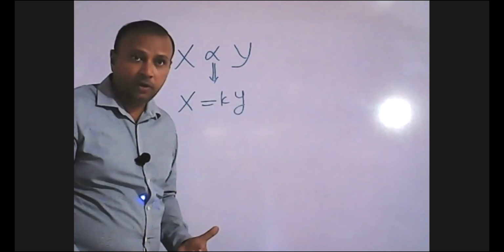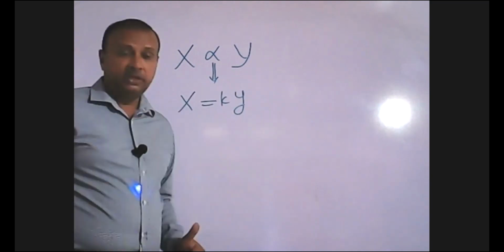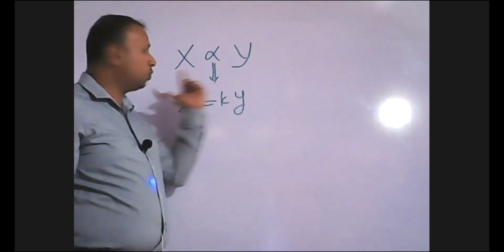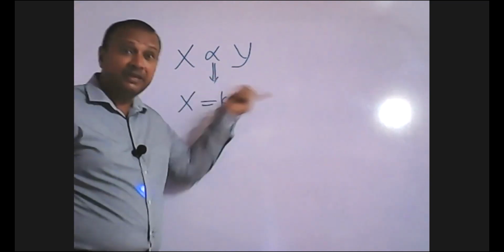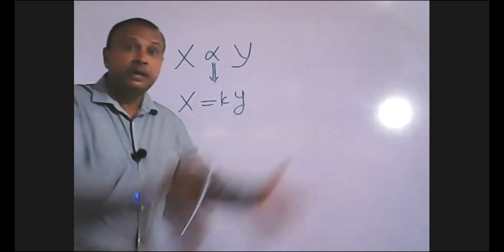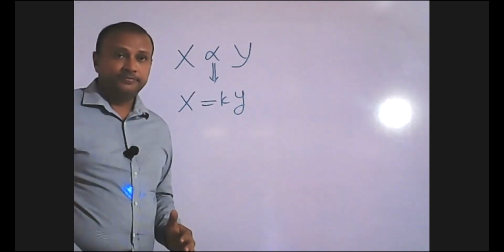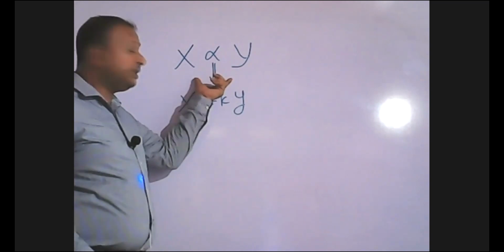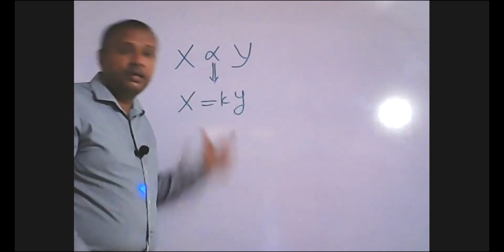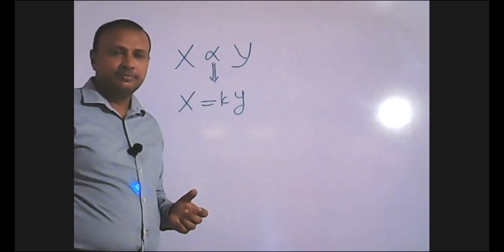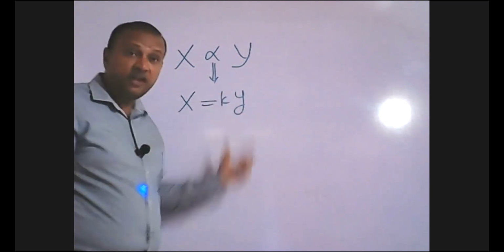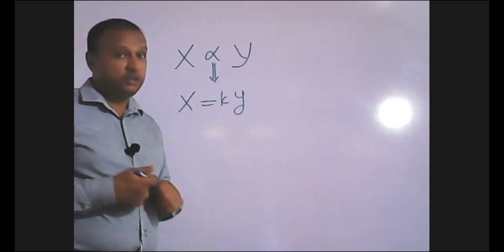So if the relationship between the two given physical quantities is a direct proportionality, we can directly build an equation, x equal ky. Do you understand? That is the basic idea. So if the relationship between the given physical quantities is a directly proportional one, we can convert that relationship into an equation, because we know the definition of directly proportionality.